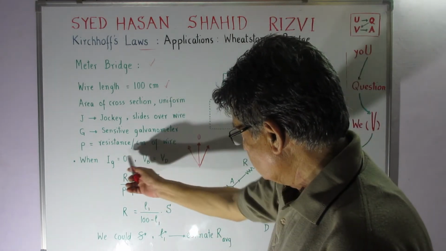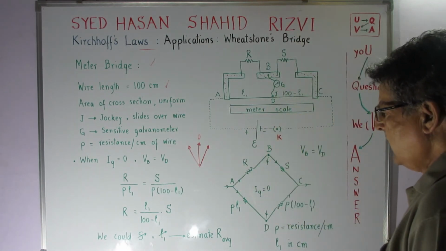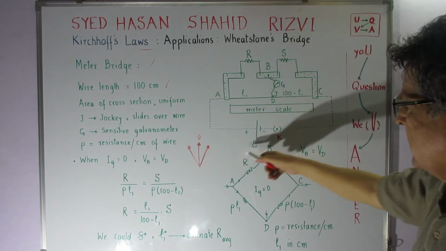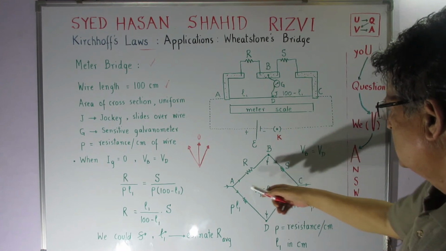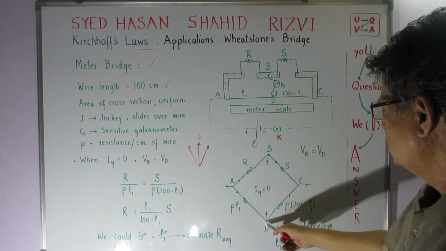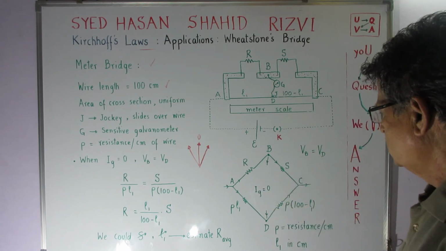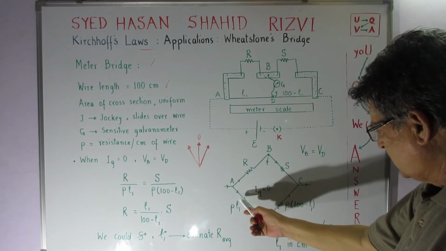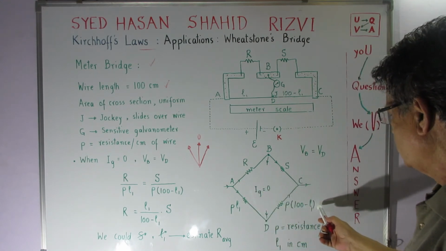So when Ig is equal to 0, Vb is equal to Vd. This is the condition, and I have translated this into the familiar Wheatstone bridge. So this is A, B is the jockey point, D, when the Ig becomes equal to 0. So R, S, and this is L1, so rho into L1 and rho into 100 minus L1.